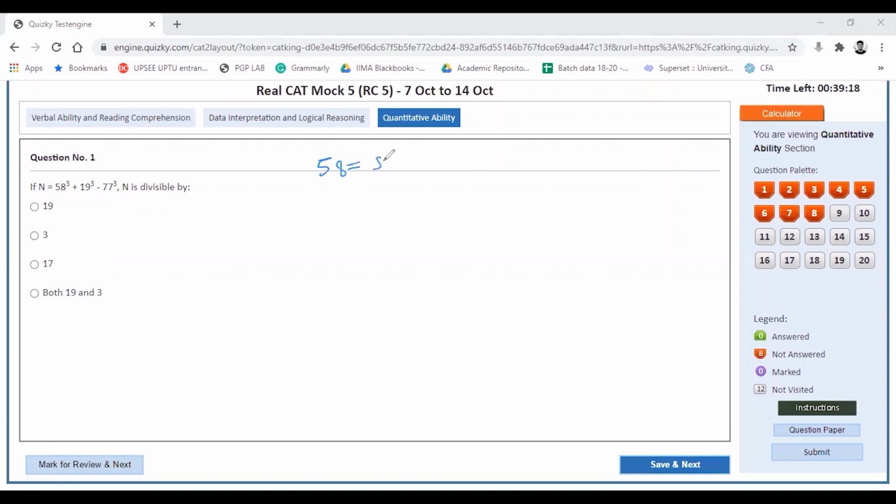58 is equal to 57 plus 1 to the power 3. Similarly, the other ones I would write as 18 plus 1 to the power 3 minus 75 plus 2 to the power 3. Now all I'm trying to do is check the remainder with 3.